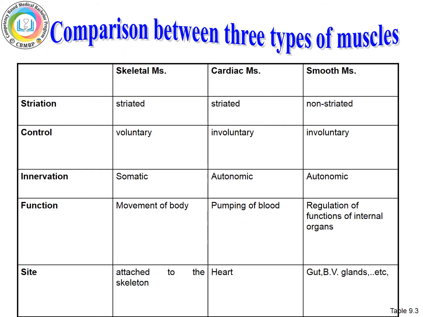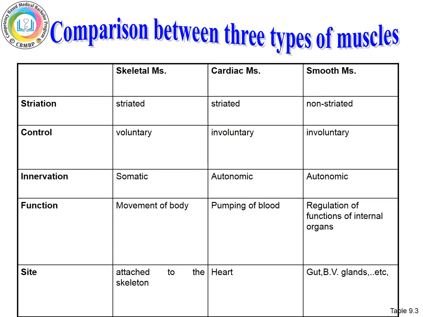This slide shows us a comparison between the three types of muscles. As striation, skeletal muscle is striated, cardiac is striated, smooth muscle is non-striated. Control: skeletal muscle is under our voluntary control, cardiac muscle and smooth muscle are involuntary.